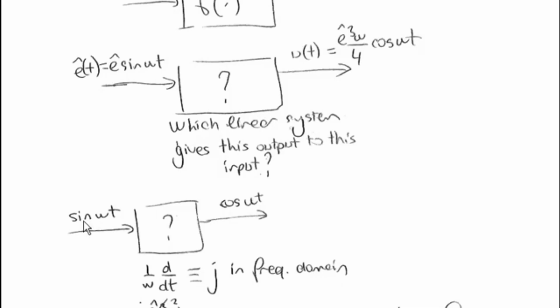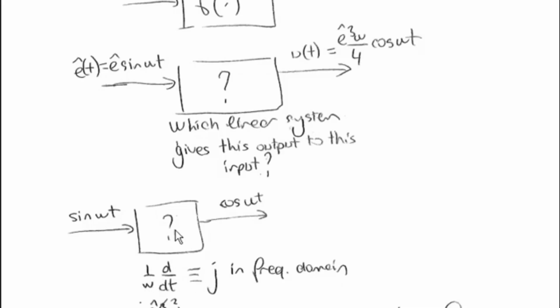So when I take the derivative of sine, it gives me actually omega times cosine omega t. So if I divide the derivative by omega here, I would obtain the linear system which would give me a cosine from sine here. And in frequency domain, the derivative is nothing but j omega, and when I multiply it with 1 over omega, I get just j.